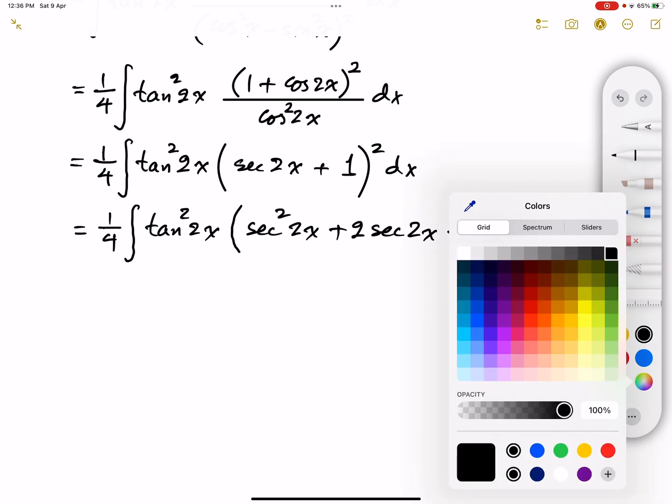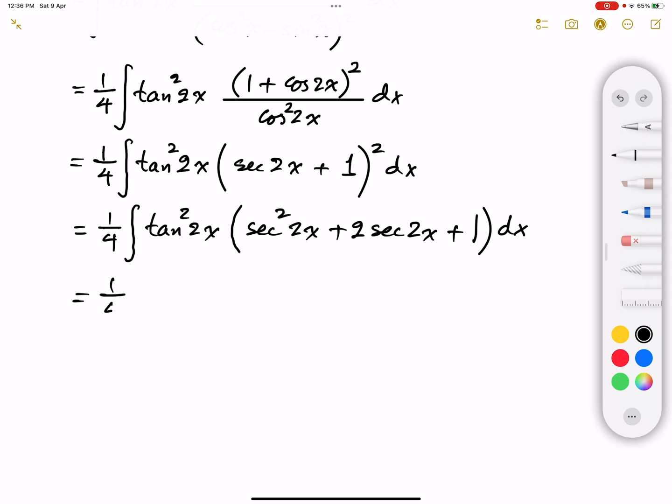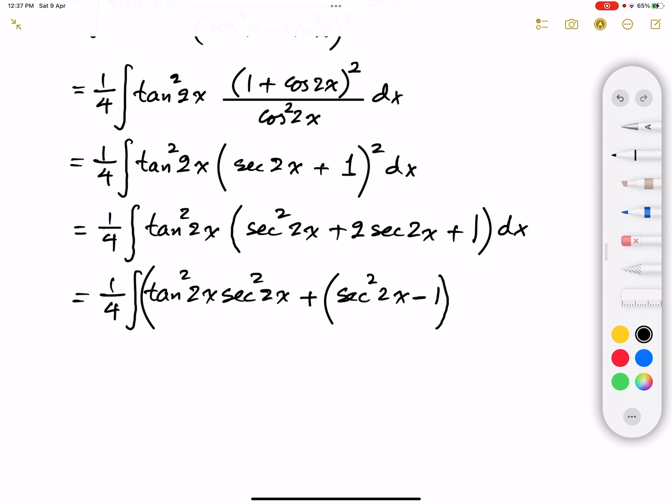That gives us 1/4 the integral of tangent squared of 2x multiplied by secant squared of 2x, and between a big parenthesis, plus the second term, where we rewrite tangent squared of 2x as secant squared of 2x minus 1, multiplied by the second term, which is basically twice secant 2x plus 1. I will close the parenthesis and dx outside.